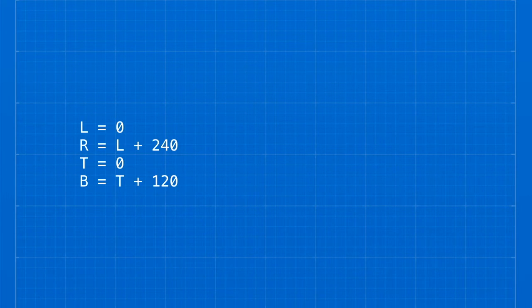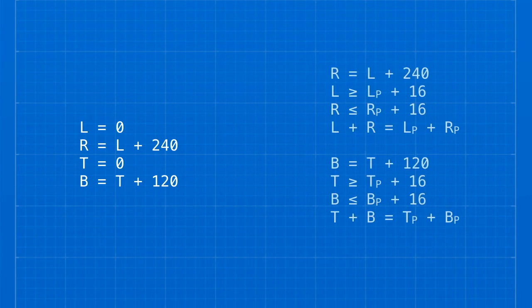But as you add more views and as you add more rules, things can get a little bit more complicated. Now, this is an example of still one view with only 4 rules applied to it, or constraints applied to it, okay? And in this case, it develops all of those equations to determine what the left, right, top, and bottom should be for each one of those individual views, okay?